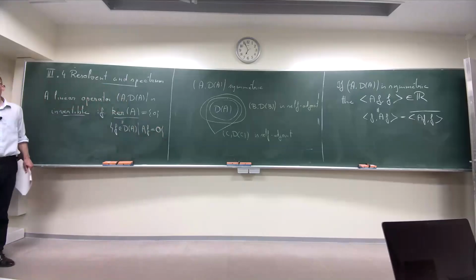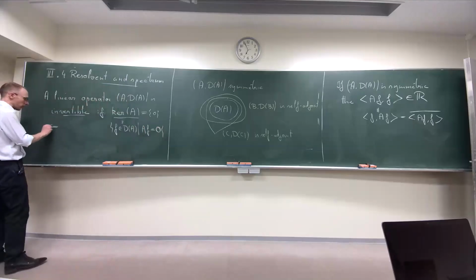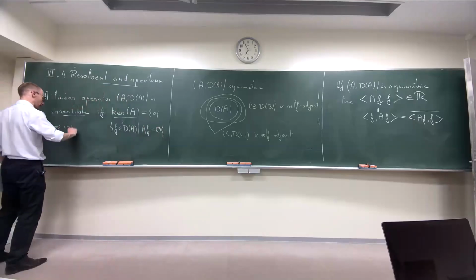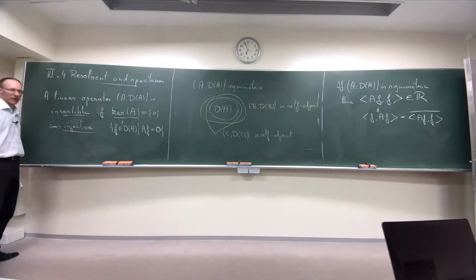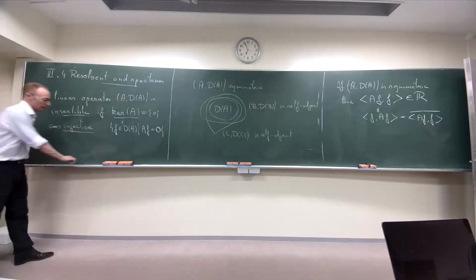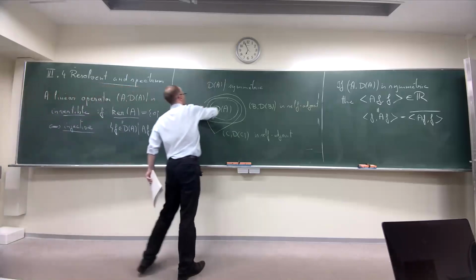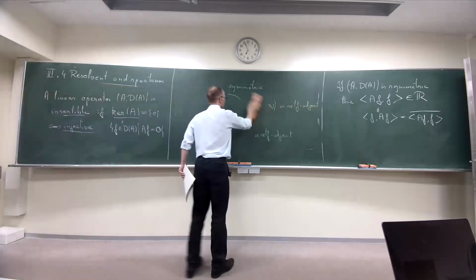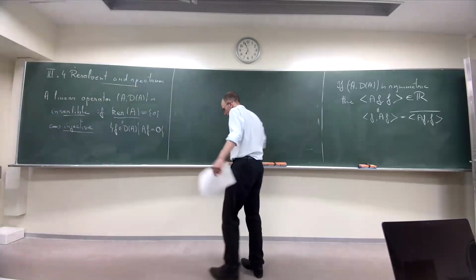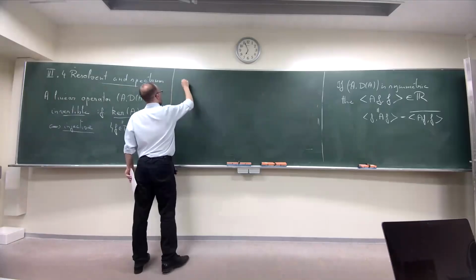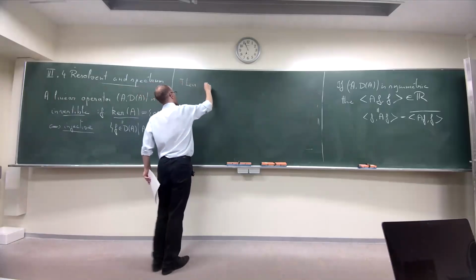And in particular, this is the same as injective, if you are familiar with this notion of injectivity. And we have seen for bounded operators, whenever it is injective or invertible, then we can define an inverse.